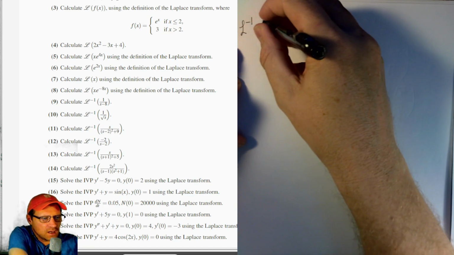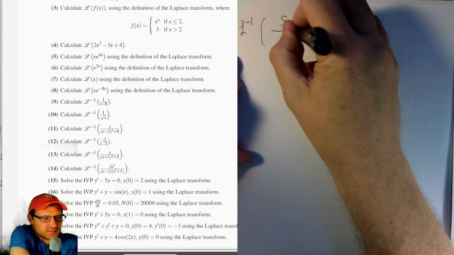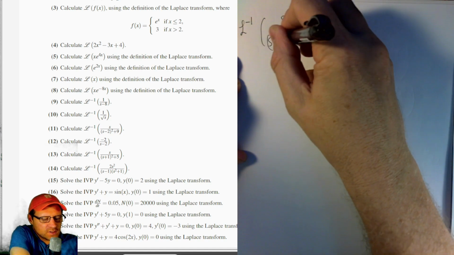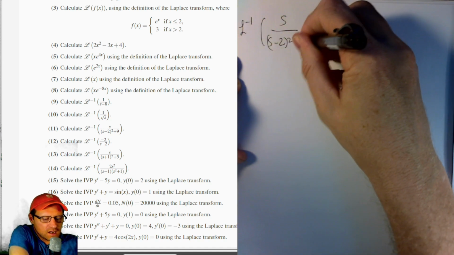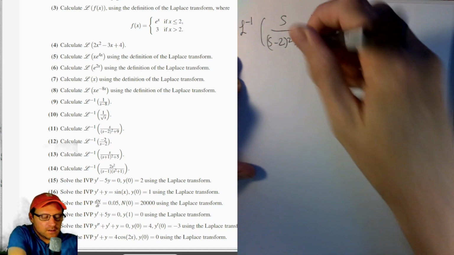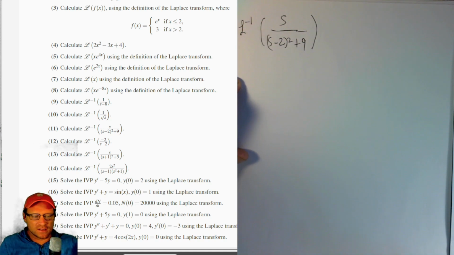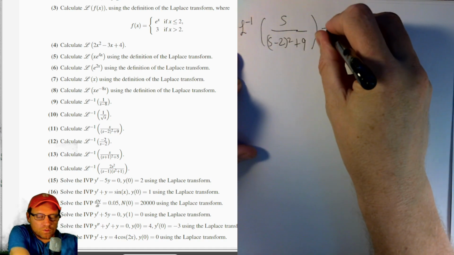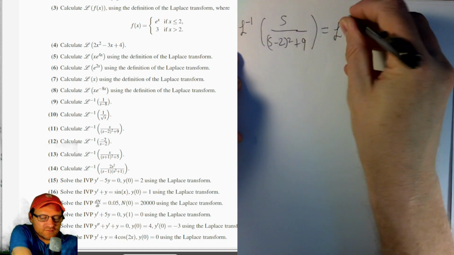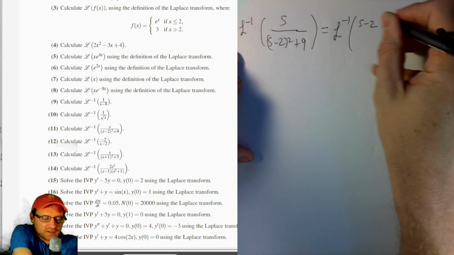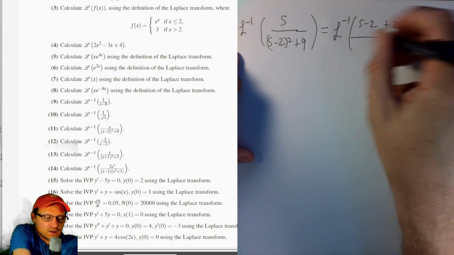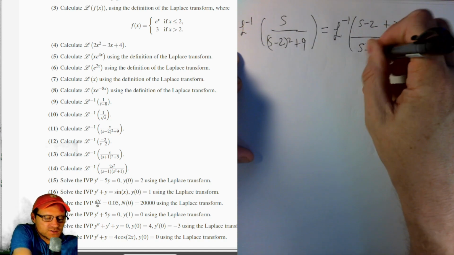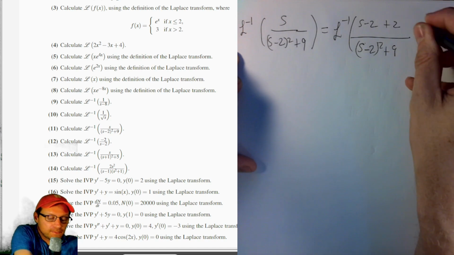Laplace inverse of s over s minus 2 squared plus 9. So we want to write this with an s minus 2 in the numerator. So we'll express this as Laplace inverse of s minus 2 plus 2 over s minus 2 squared plus 9.